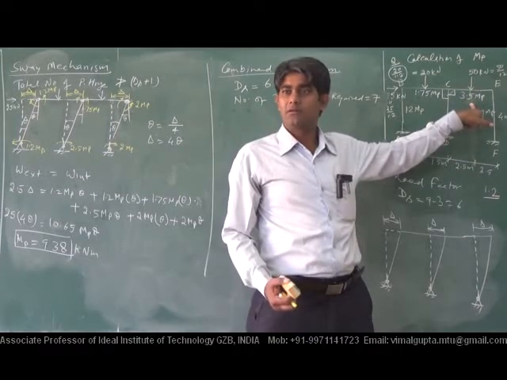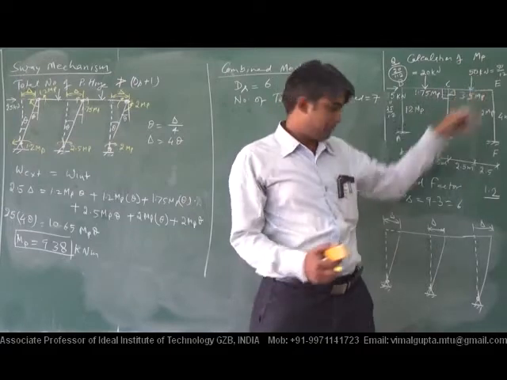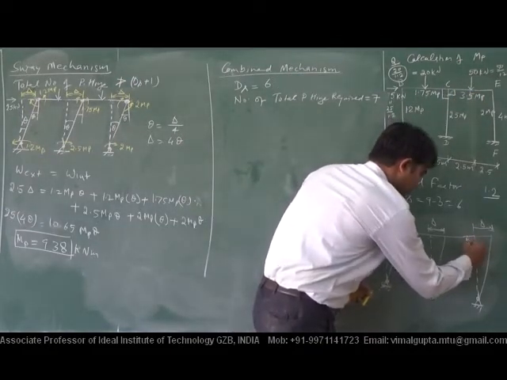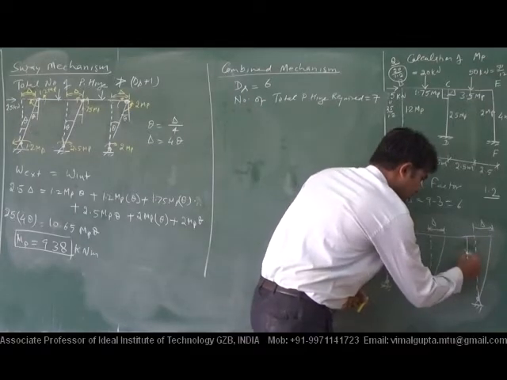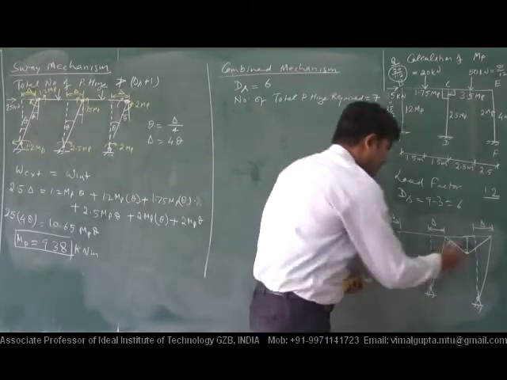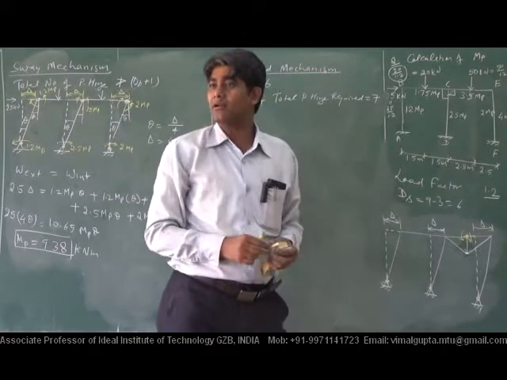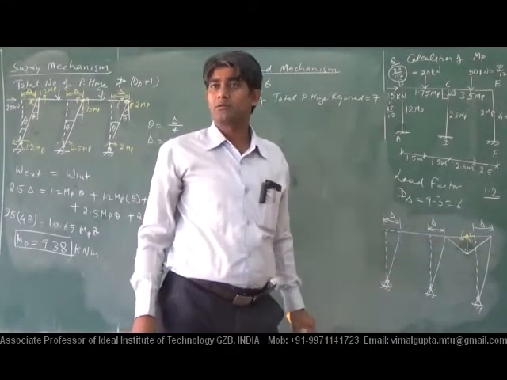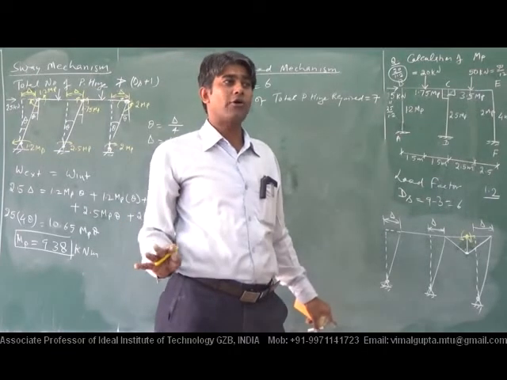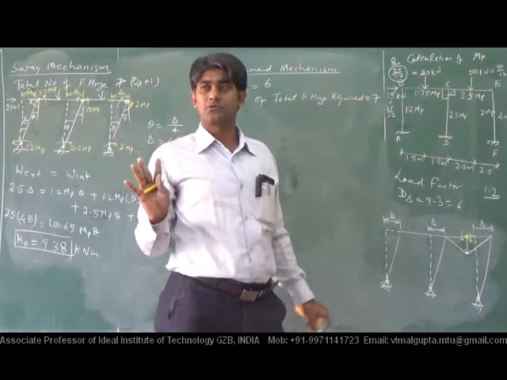I am considering the plastic hinge under the load 50 kilonewton, here. If the plastic hinge has been formed here, then the deflected shape will be this. Step understood, how you have to locate four plastic hinges, that I want to tell you through this question.